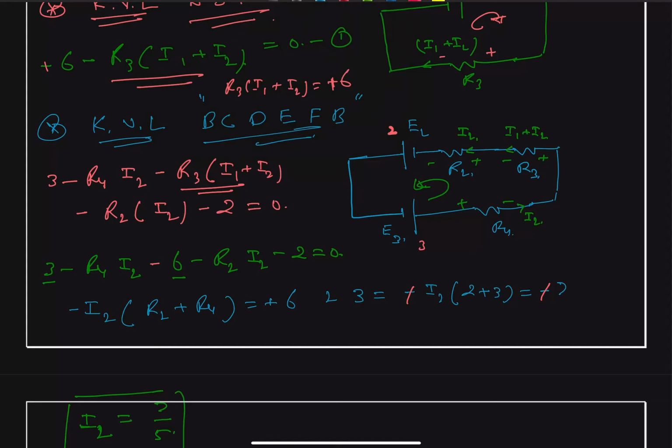And this comes as plus, plus and minus, and this will be equal to minus, and this is our 6 plus 2 is 8, and this comes as our 5.